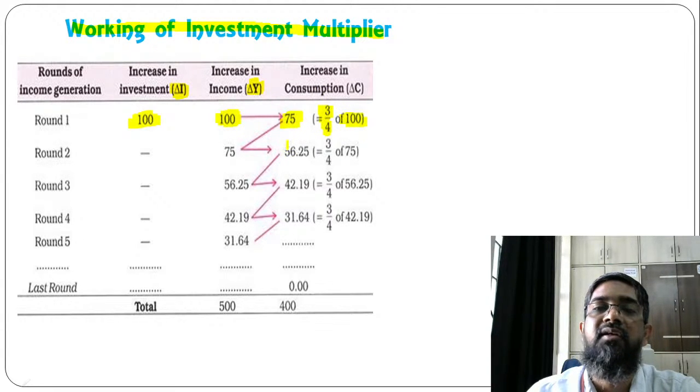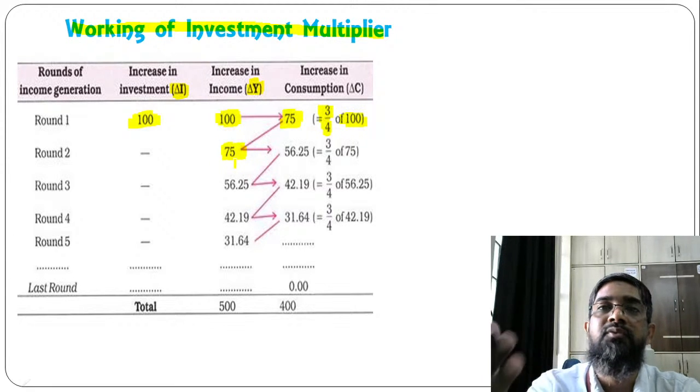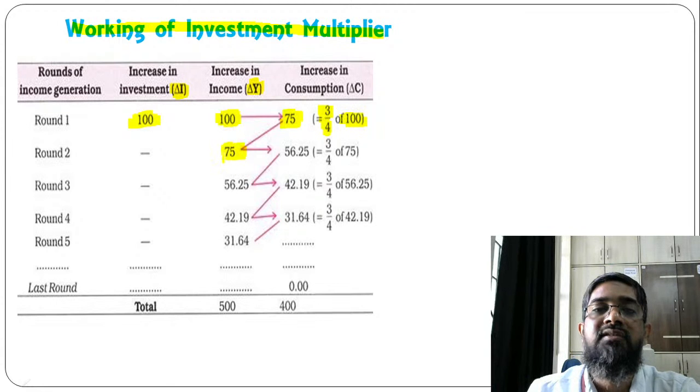Consumption will be 75. So this consumption, whatever is consumed, that becomes income in the second round, because people spend it. Your consumption is someone else's income. So again this 75 crore is increased. With this 75 crore, 3 by 4 or 0.75 will be 56.25, right?